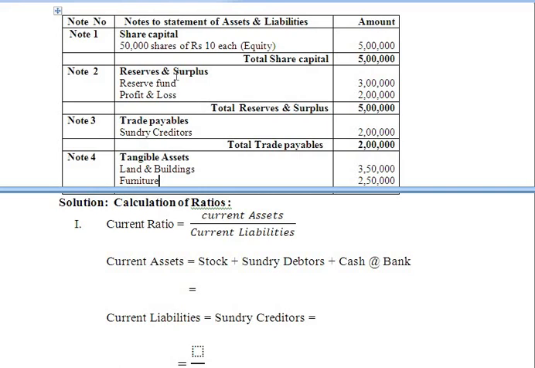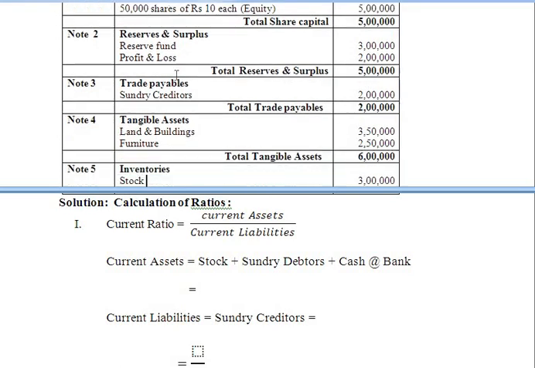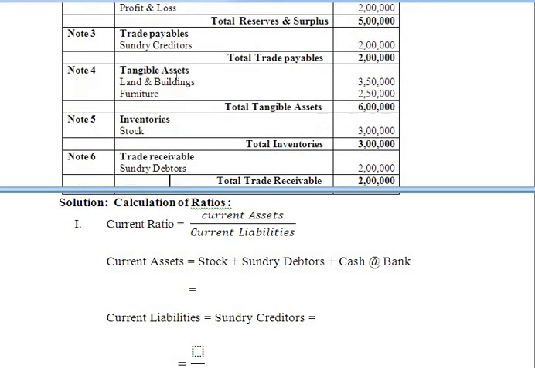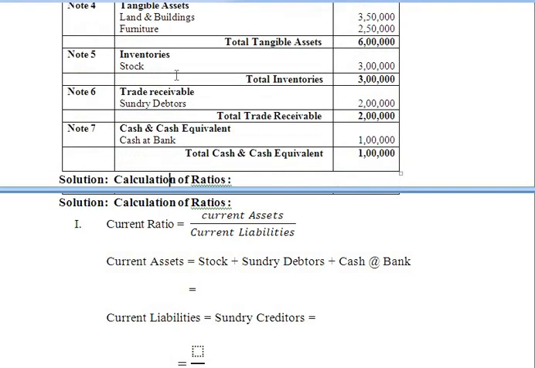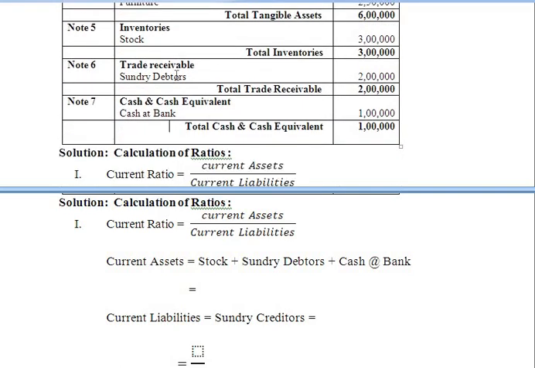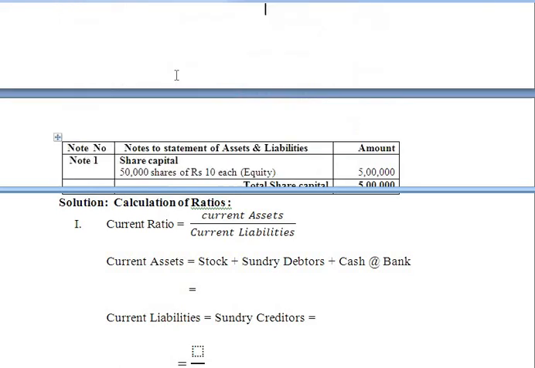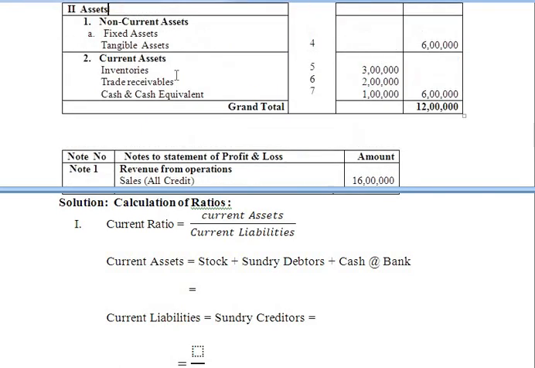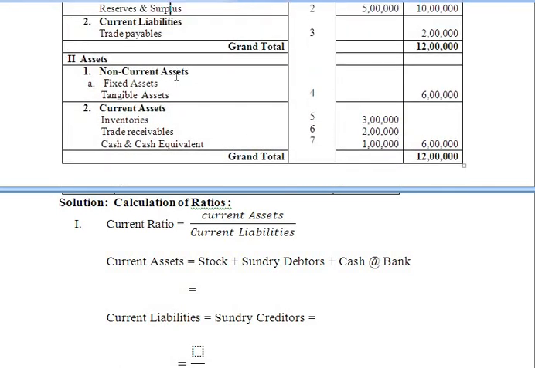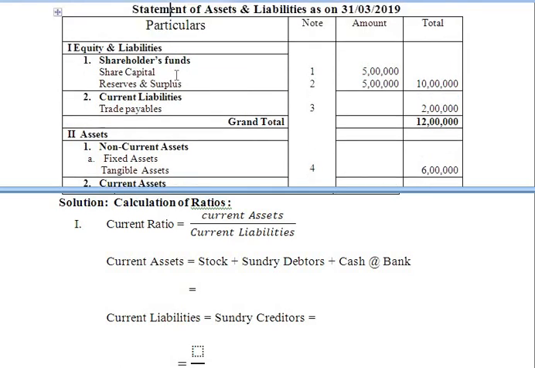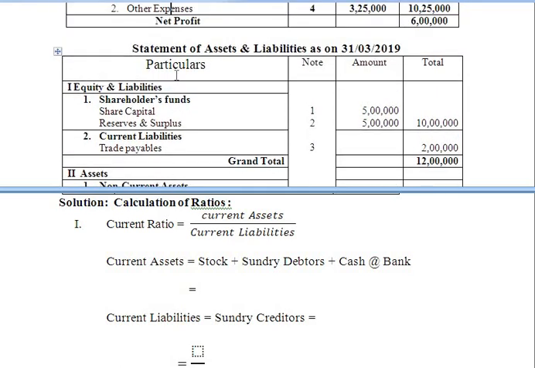So in total there are 7 notes to the balance sheet. You will copy down this problem from the question paper if you get the question paper.